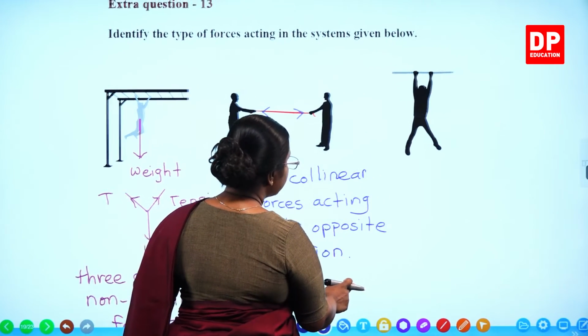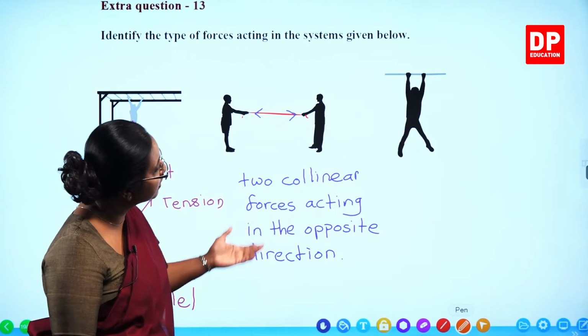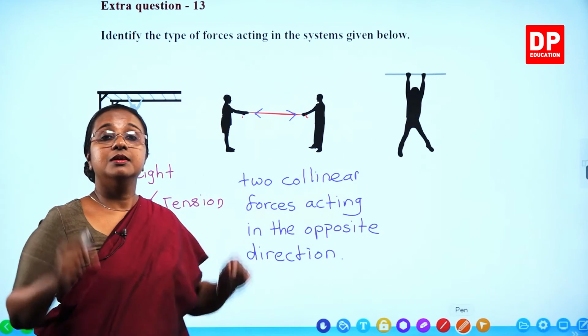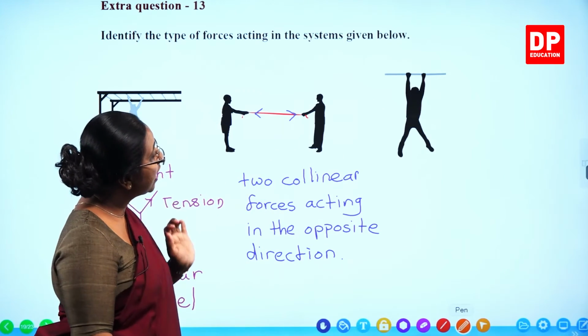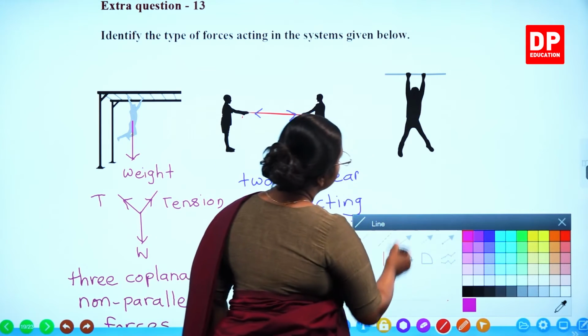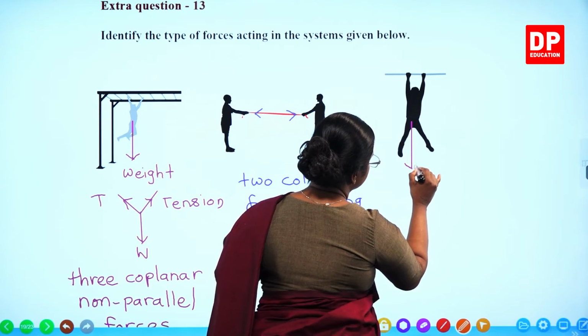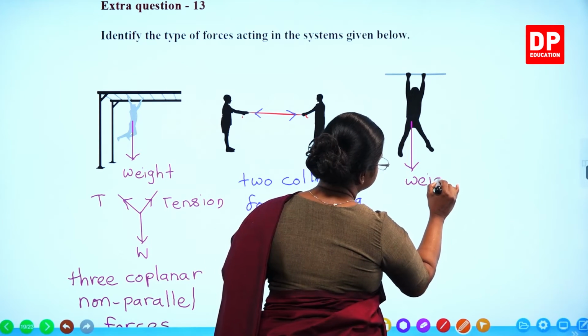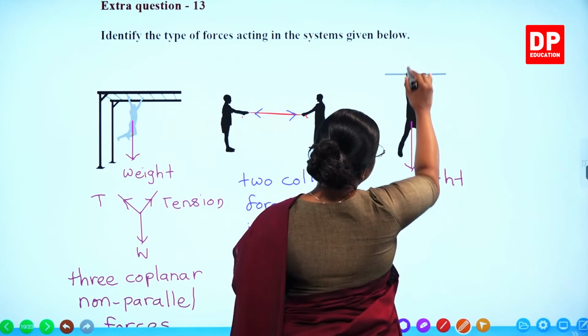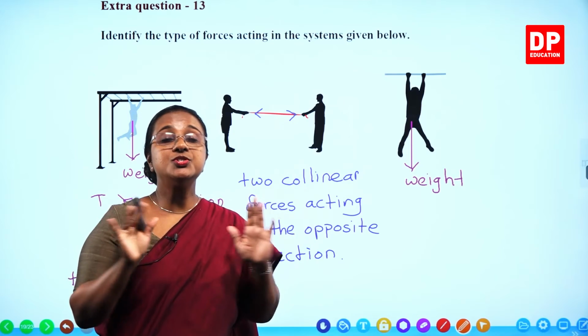Then the third instance. Now this is somewhat similar to the first instance. Again a boy or a person hanging from a bar. There look at the person. Again, the weight of the person will act downwards. Here what can you say about the hands? They are almost parallel.